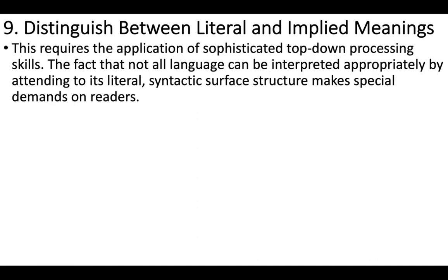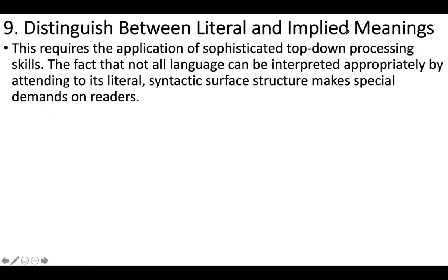This requires the application of sophisticated top-down processing skills, and the fact that not all language can be interpreted appropriately by attending only to the literal meaning, like focusing on the words, the sentences, the paragraph, or the syntactic surface structure, makes special demands on the reader. So sometimes we need the top-down processes to get the implied meaning.